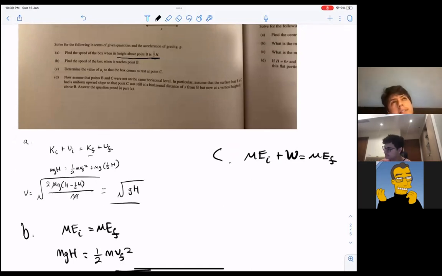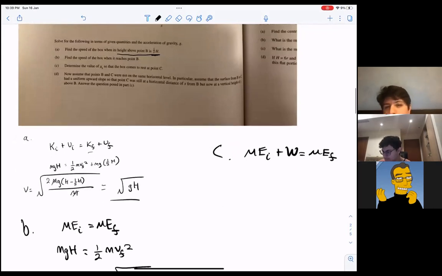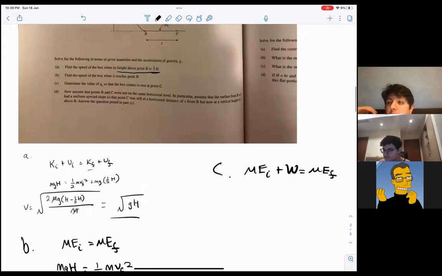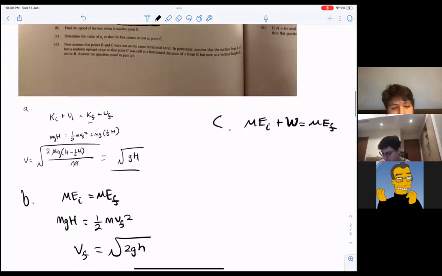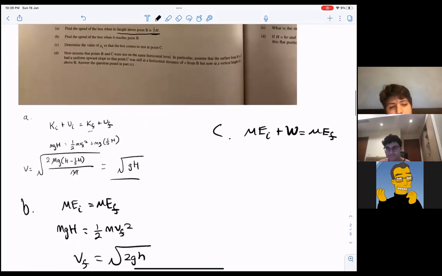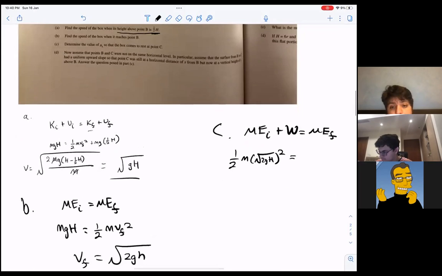The way I was thinking, I'm not sure if this is correct, it might be a bit different than what you wrote down. Initially the box has velocity v final, which we found in part B, right? Couldn't we just say 1/2 m (2gh), which is 1/2 mv squared, the only energy at that point, equal to kinetic energy.